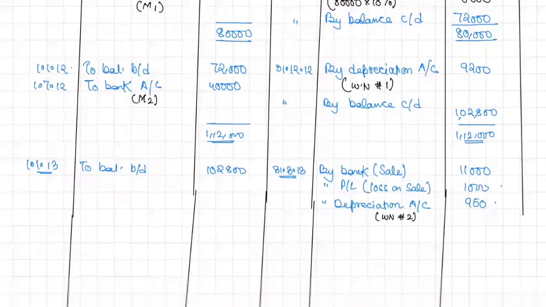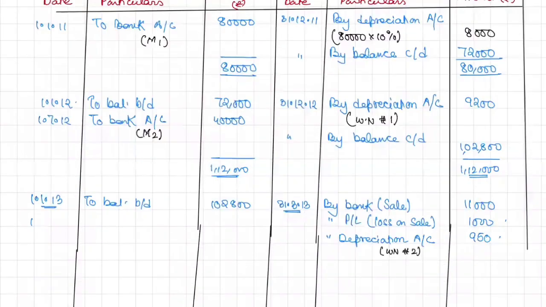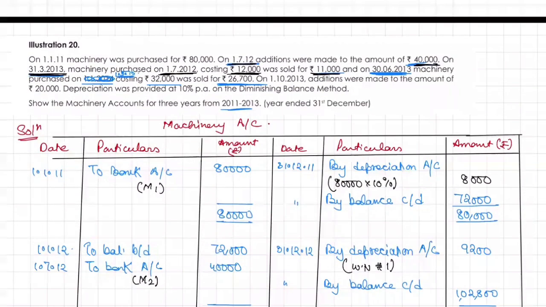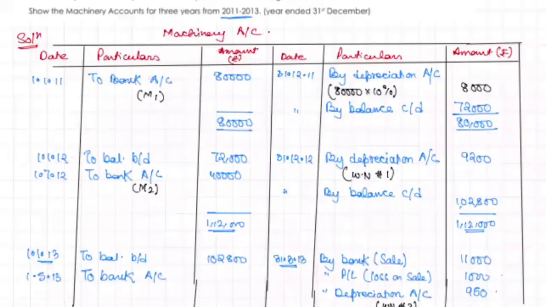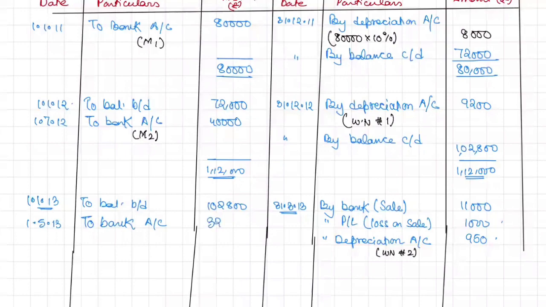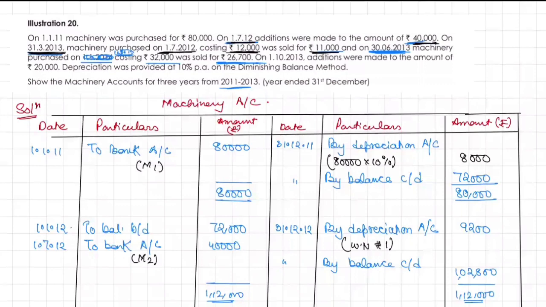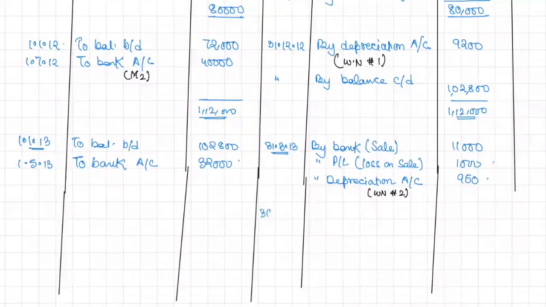So what we have to do first is route the purchase on 1st of May 2013. Bank account debit, it was purchased for 32,000. Now the same machinery is being sold on 30th June 2013.